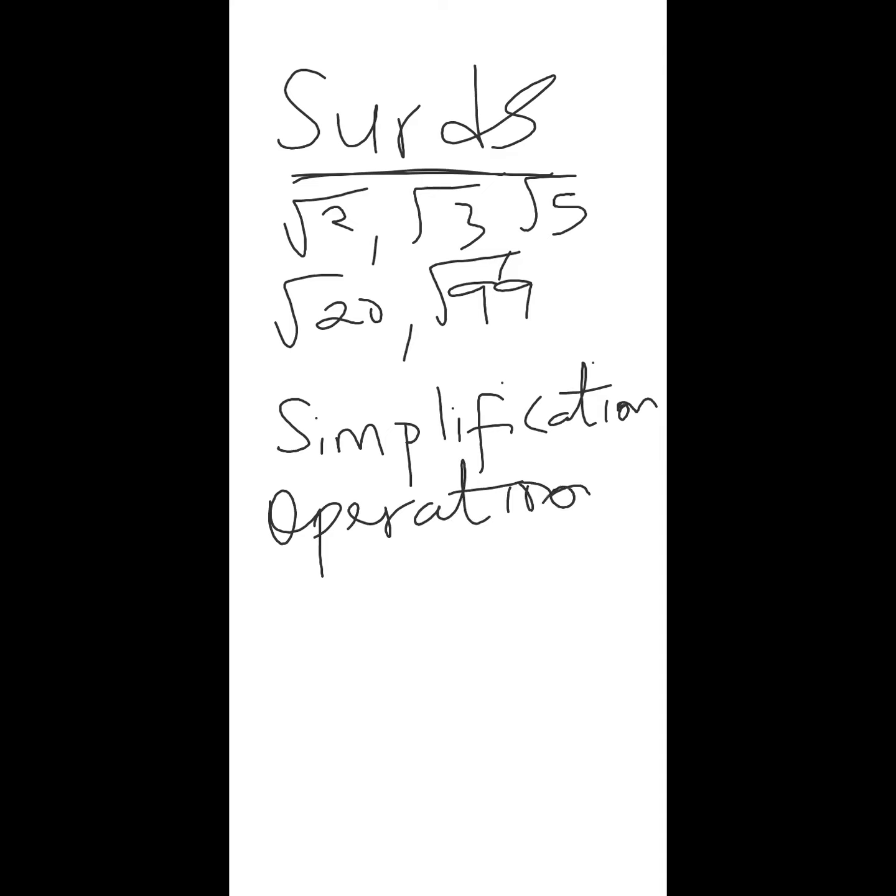So they can be added, they can be subtracted, they can be multiplied, they can be divided. That's operations. And then number 3 is substitution. You can use surdic expression to substitute.